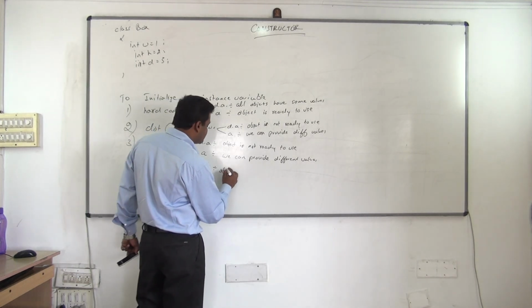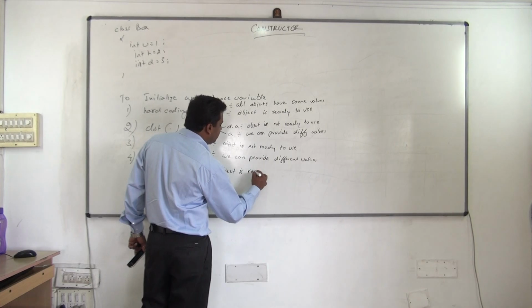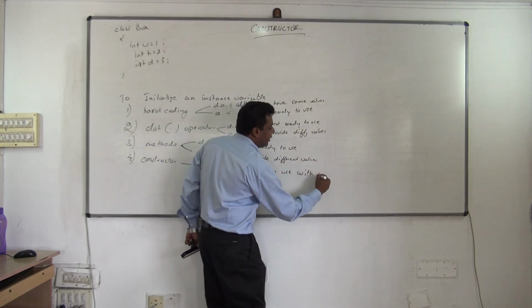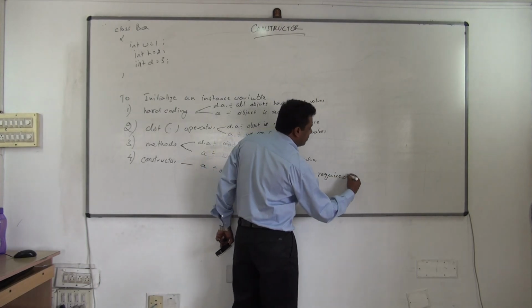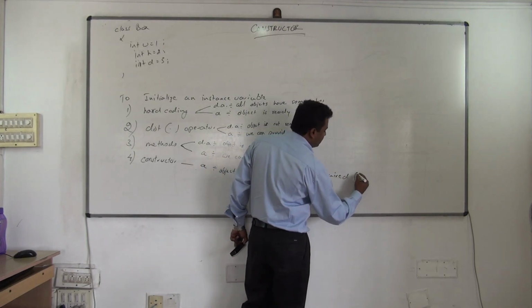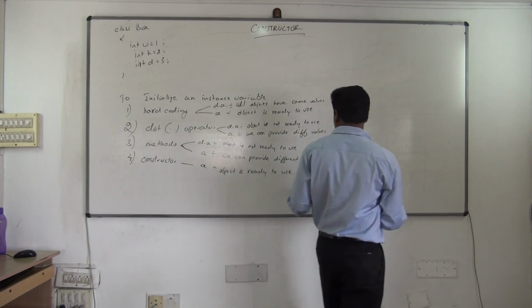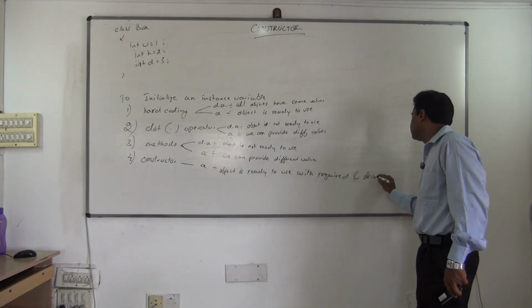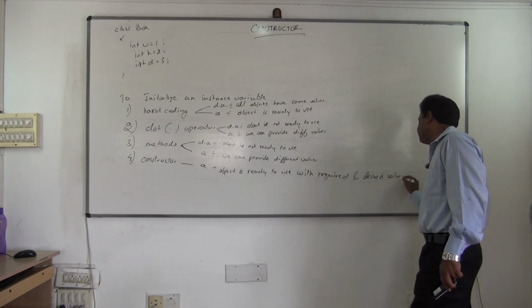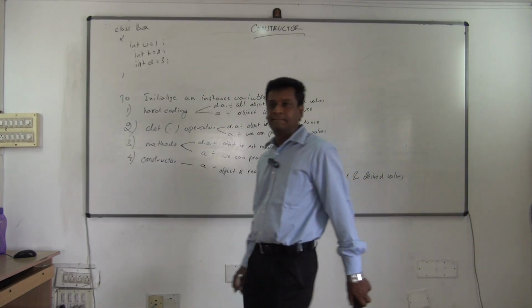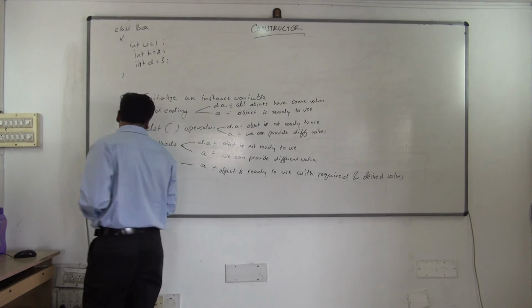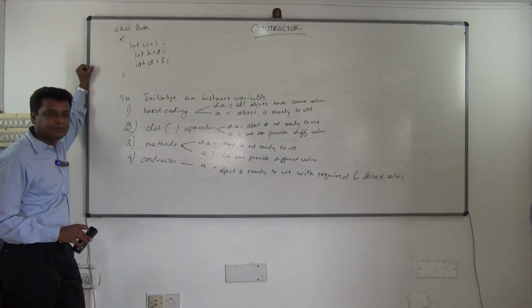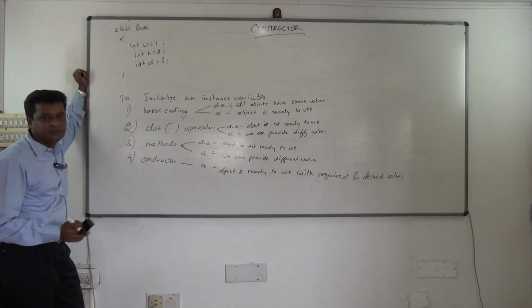Object is ready to use with required and different values, whatever you want, desired values or different values. This is the advantage of a constructor. So you'll see now how to initialize the values with the help of a constructor. This is just the intro. Clear?